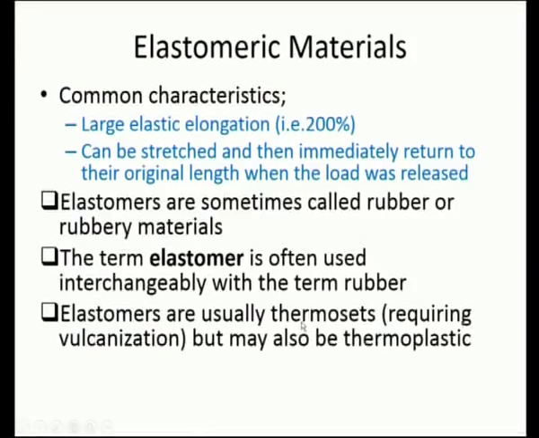So in both cases, elastomers can be either thermosetting or thermoplastic. Thermoplastic means if you heat it, it will melt and you can recycle it and remold it into whatever shape you want. In the case of thermosets, if you heat it, it will harden, and further heating will break it. So both types of rubbery or elastomeric material are available.